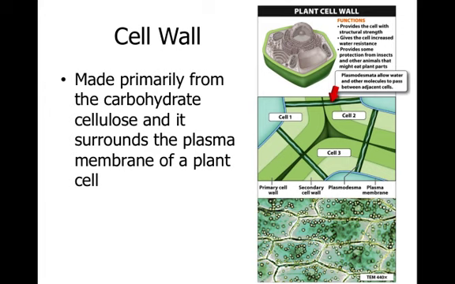Secondly, it gives the cell increased water resistance. So this has to do with osmosis, just as we were mentioning with tonicity. If we put a whole bunch of water into the cell, so if we put it in a, what type of solution? Hypertonic or hypotonic? Hypotonic is the correct answer.